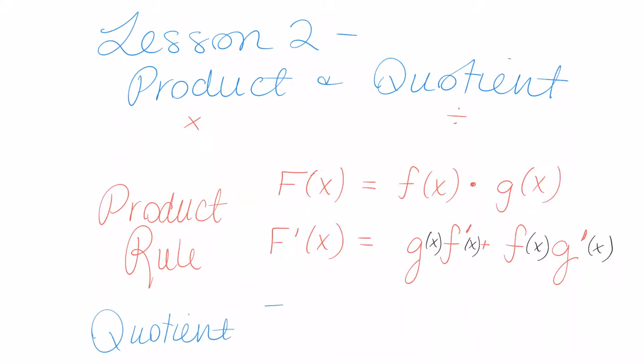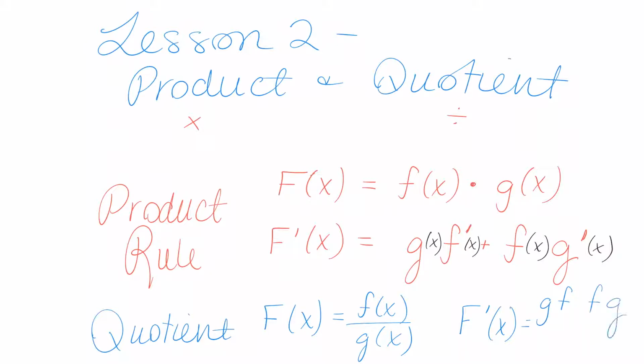The quotient rule is similar. It says that if F of x equals f of x divided by g of x, then F prime of x equals the same thing, G, F, F, G, but it's g times the derivative of f, minus f of x times g prime of x, and that's all divided by g squared.